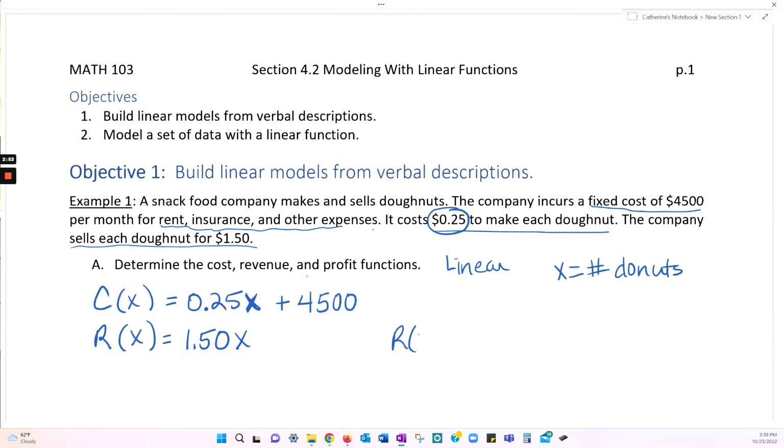It's like R of X is PX. Sometimes you'll see price times X. And so then C of X, by the way, I'll just put in a little model, I guess. So A is the cost per item, and B is the fixed cost.